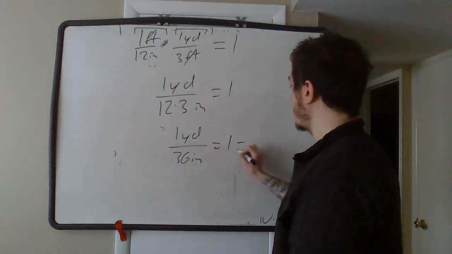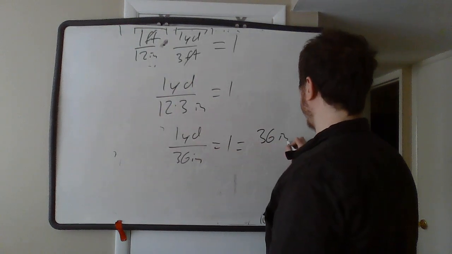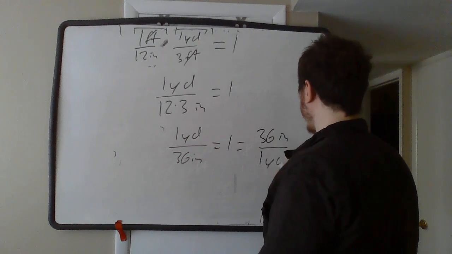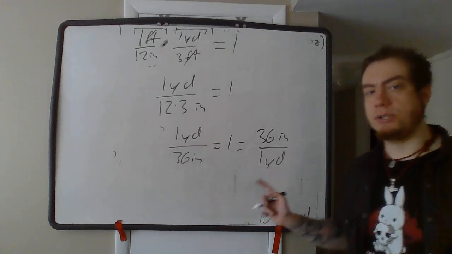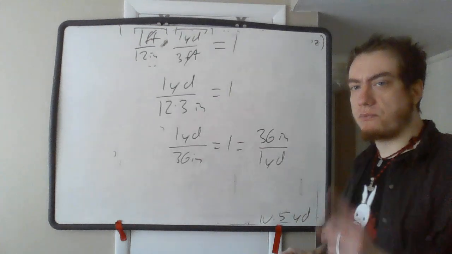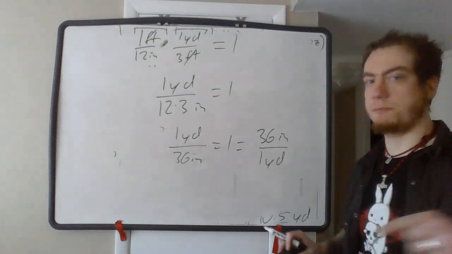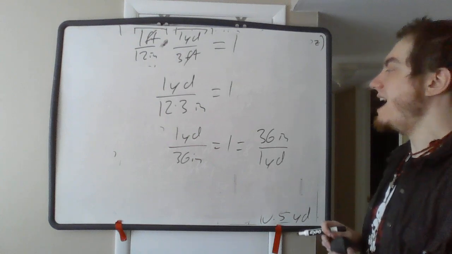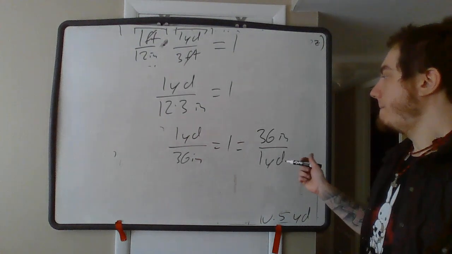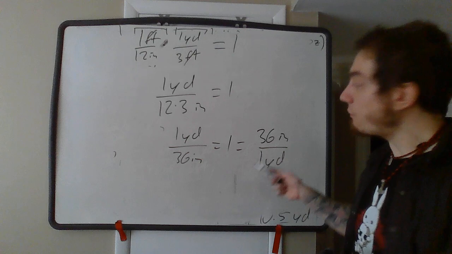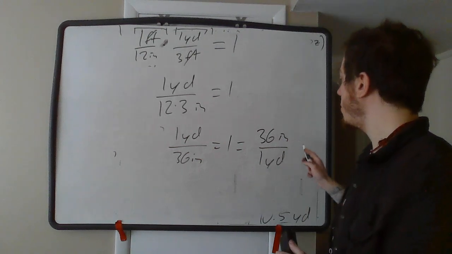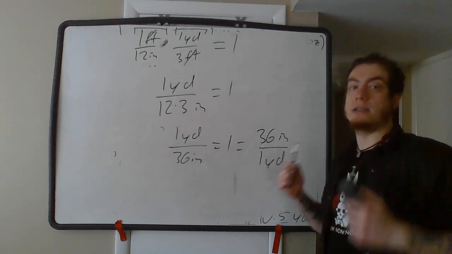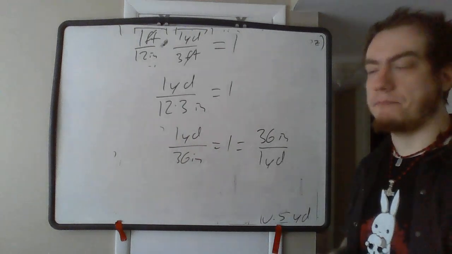And by taking the reciprocal here, we also get 36 inches over 1 yard. So if we're going to do a lot of conversions between inches and yards, we may as well go ahead and say, let's just once and for all figure out the conversion ratio for inches and yards, and then we'll use it every time.